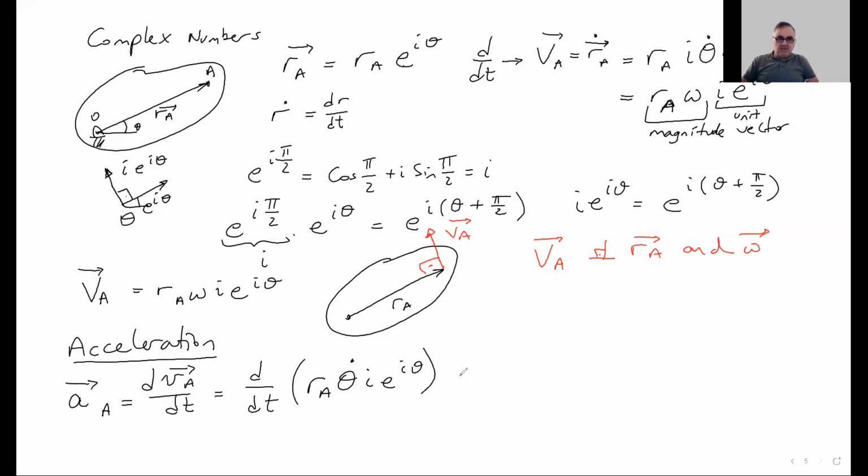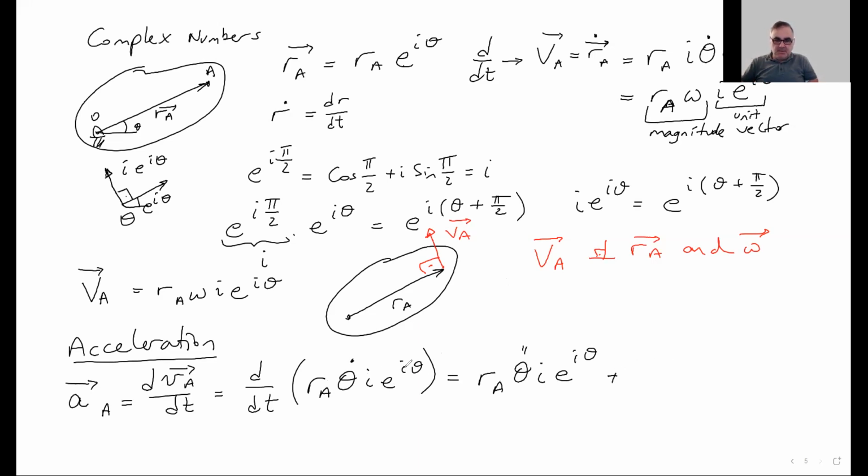It's the same thing. Theta dot and omega are the same. We will use the chain rule. RA is a constant. The derivative of theta dot is theta double dot, so RA theta double dot i e to the i theta, right?